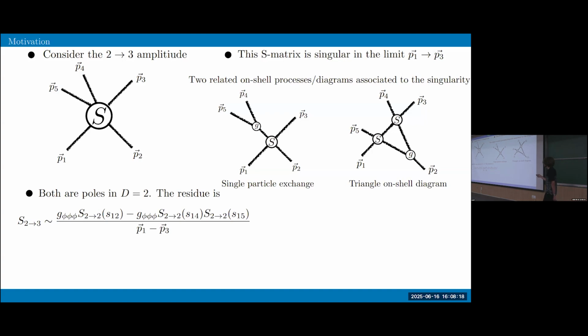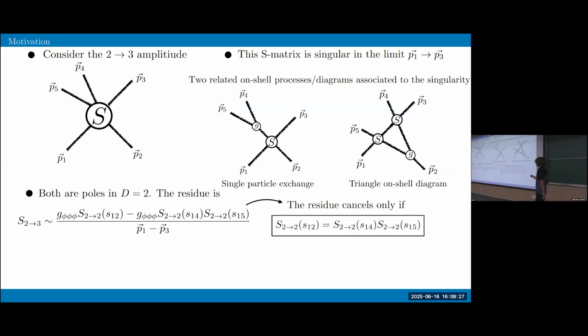Now, I'm soon going to argue that unless this residue cancels, there is a contradiction. However, this residue can only cancel if the S matrix satisfies this equation, and the optimal S matrix from the last slide does not solve this equation.